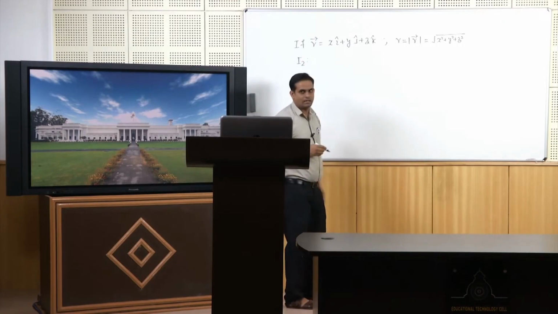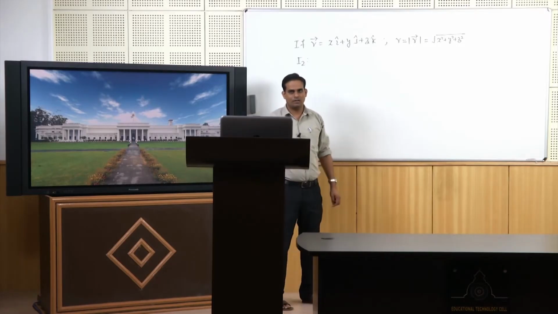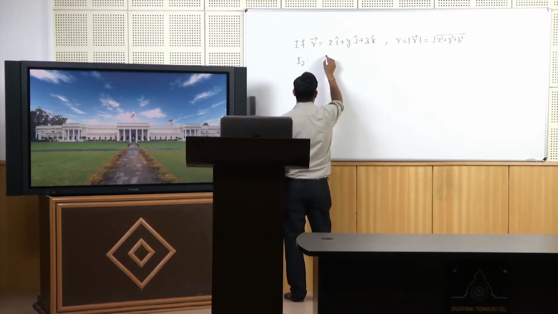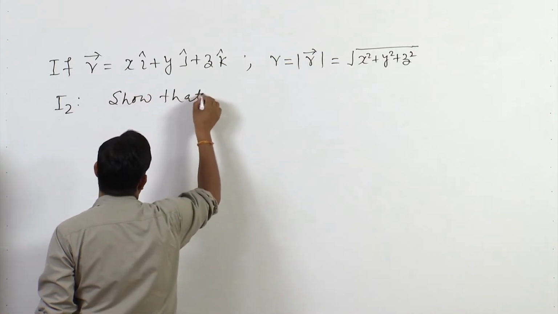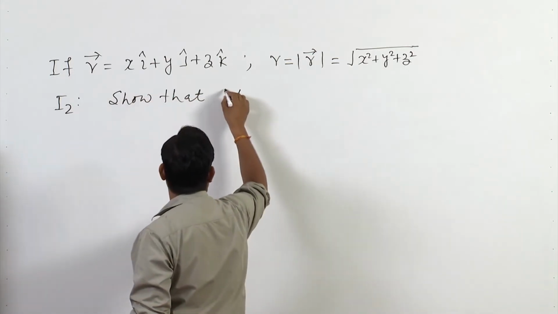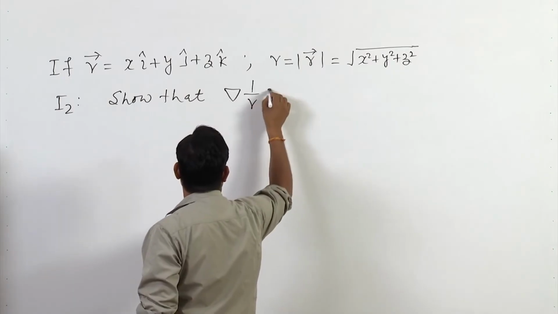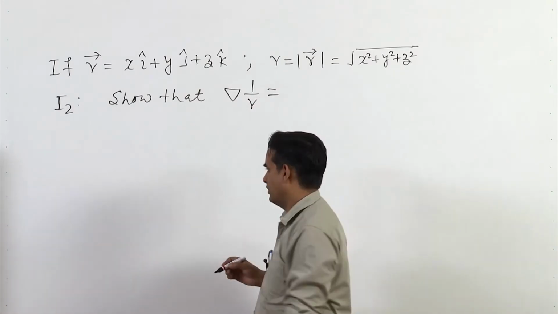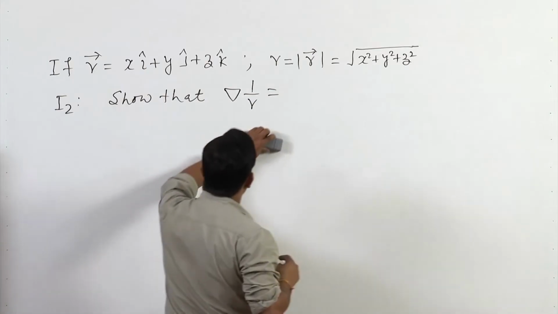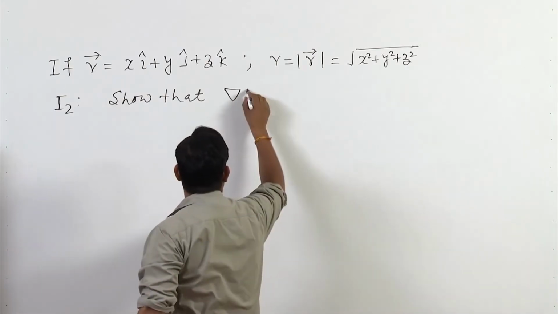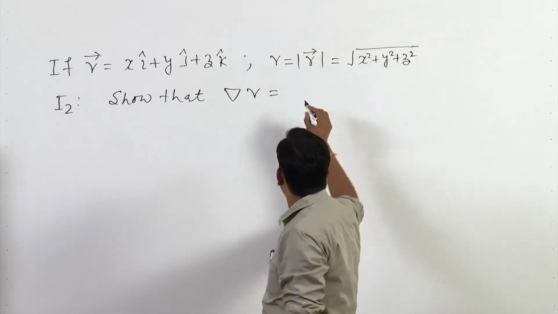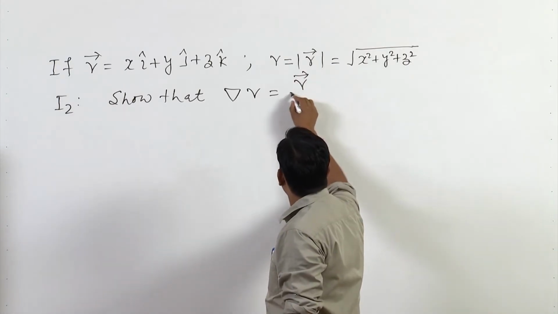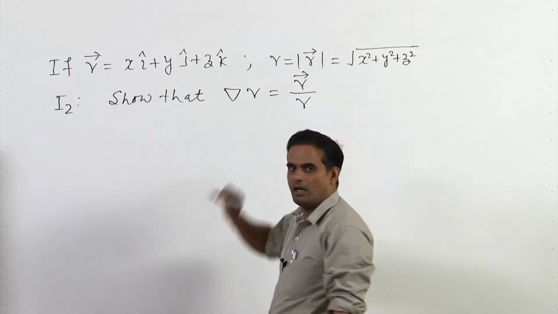Let us take the second identity. Here I need to show that, let us take this first, del of r equals the vector r upon r.